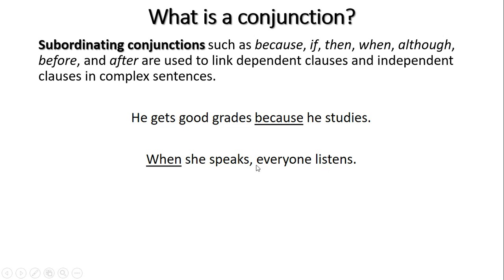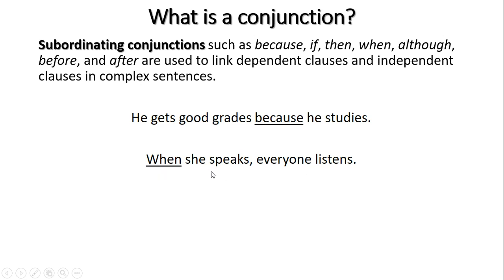But notice this sentence is different than the first sentence, because with the first sentence, we started with an independent clause, and then we finished up with a dependent clause. There was no comma here. But notice in this sentence, I started with a dependent clause, when she speaks. I finished with an independent clause, everyone listens.